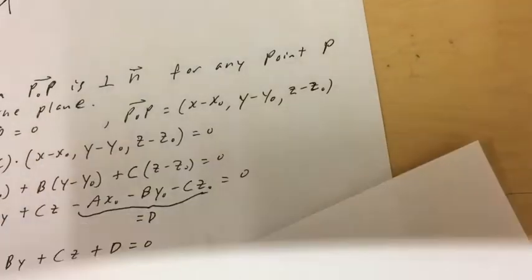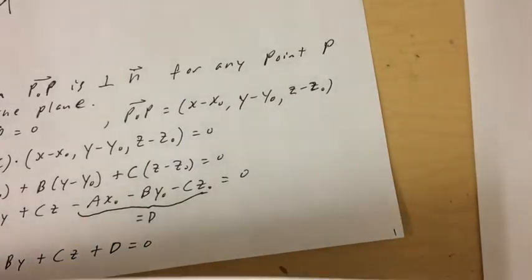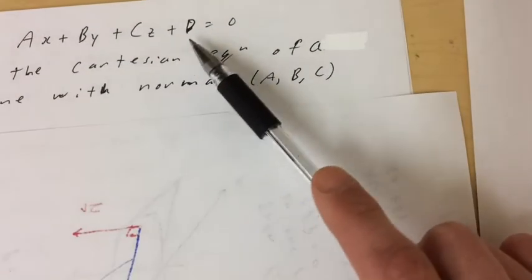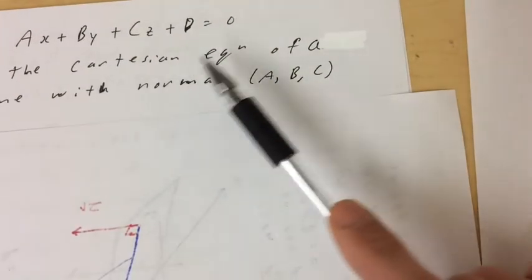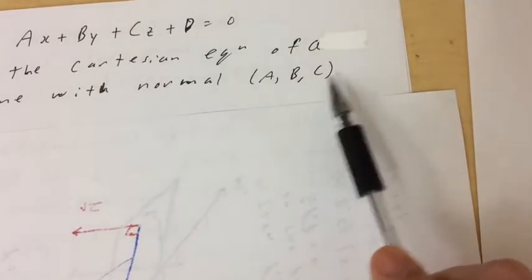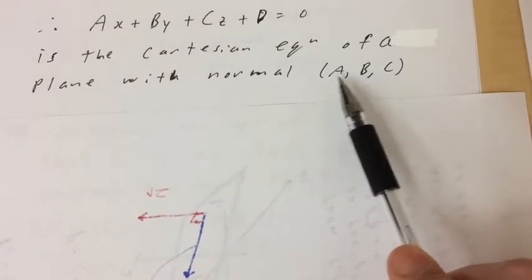We can write it out like this: AX plus BY plus CZ plus D equals 0 is a Cartesian equation of a plane with normal ABC. We can't forget that. The normal to this plane is ABC.